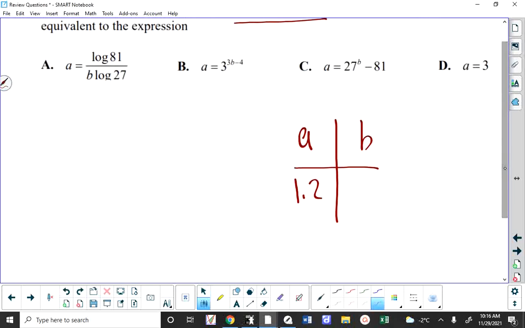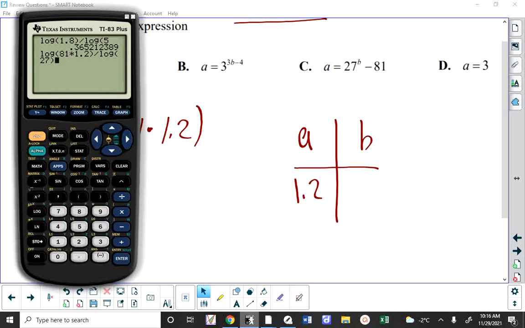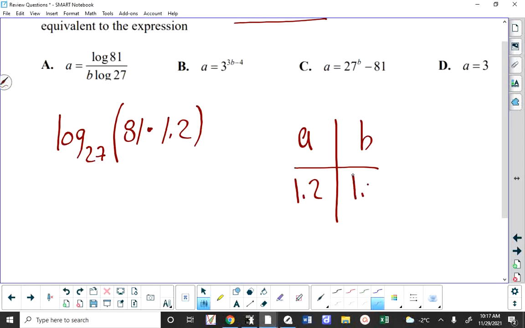I'm putting 1.2 in for a to calculate b, and I'm using the change of base formula, so it's log of the argument over log of 27. And make sure I got my brackets right on this one. I get 1.39. Do you get the same thing, those of you that tried it? Okay, so you get about 1.388.